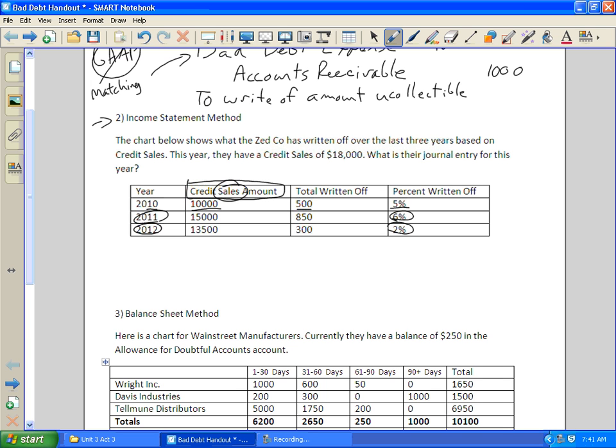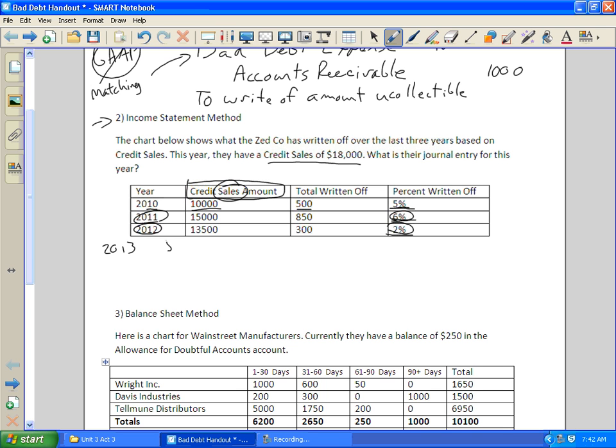So we're in 2013 right now. We need to calculate out the journal entry for the allowance for doubtful accounts. So we know that this year we have credit sales of 18,000. That's a good start. Well, we have to figure out how much is going to be written off. To do that, we look back at the past 3 years' trends.